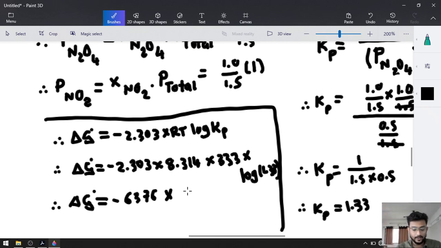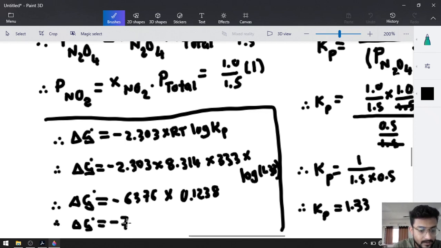So log 1.33 will be equal to 0.1238. So 0.1238 multiplied by 6376. The answer will be, delta G naught will be equal to minus 789.67 joule mole inverse.